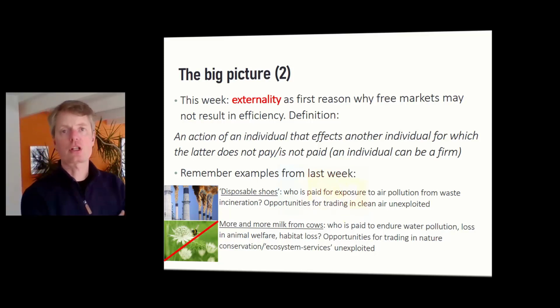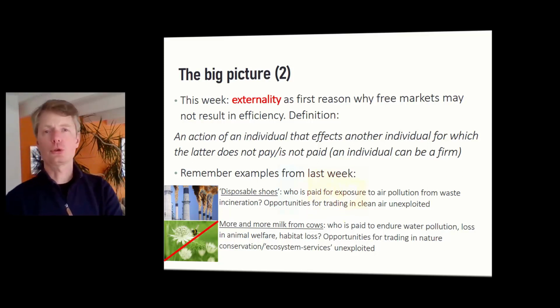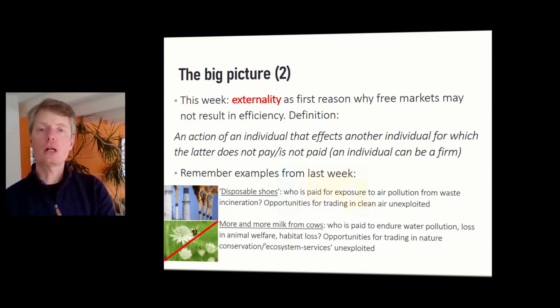And similarly, in the example of productivity in the agricultural sector, with cows delivering more and more milk per year, nobody is being paid for all the negative externalities from more efficient, in a colloquial sense, milk production. For instance, water pollution, loss in animal welfare, massive habitat loss. So again, there are missing markets, and there are opportunities for trading, because some people actually value nature.